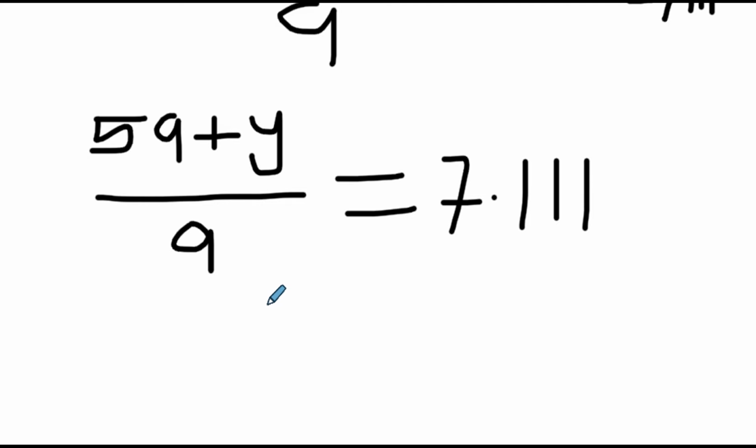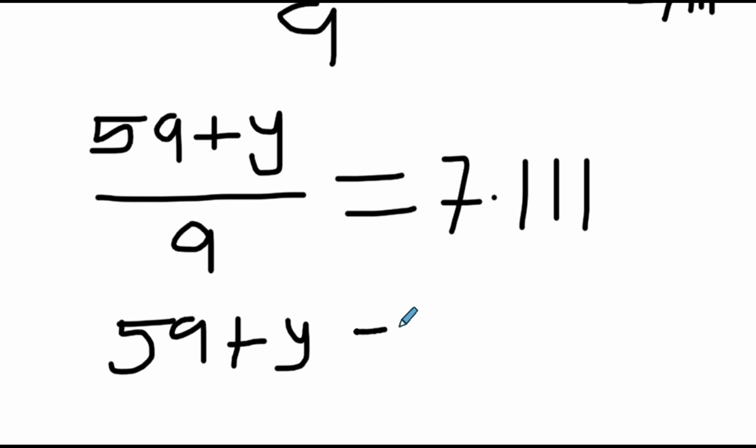So we have what now? 59 plus y equals what? 9 times 7.11, which is what? 64.